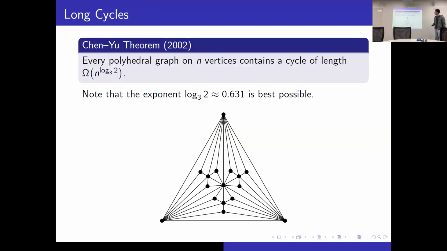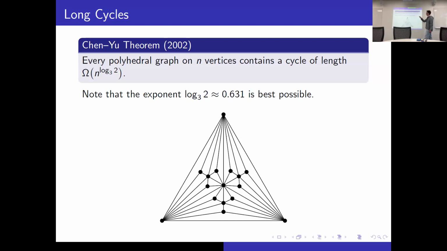Okay, I also want to introduce some other results. One of the results is: we know that a polyhedral graph may have no Hamilton cycle, but even if they have no Hamilton cycle, they must have some sort of long cycle.